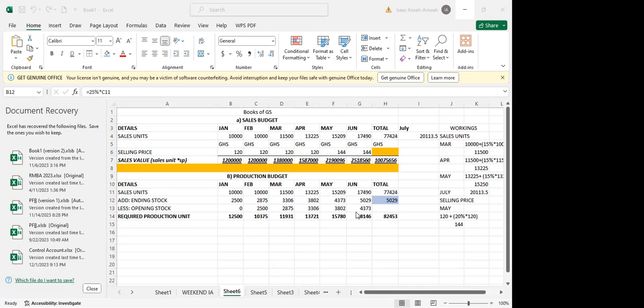That is how we generated January. January was 25% of February's planned sale. February was 25% of March's planned sale. March ending stock is 25% of the planned sale of April. April's ending stock is 25% of May's planned sale. May's ending stock is 25% of June's planned sale. And then June's ending stock is 25% of July's planned sale.